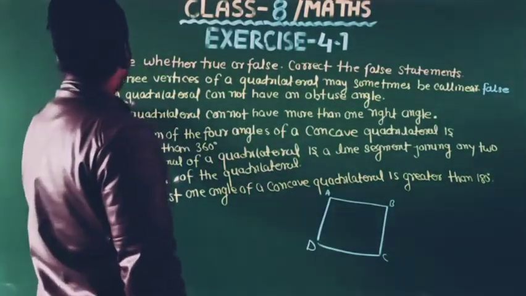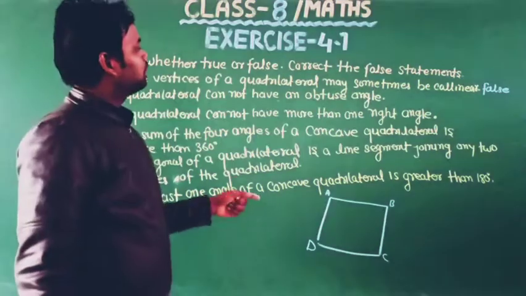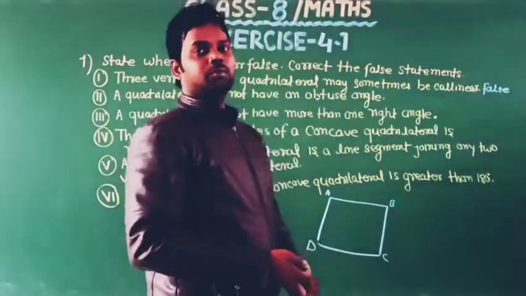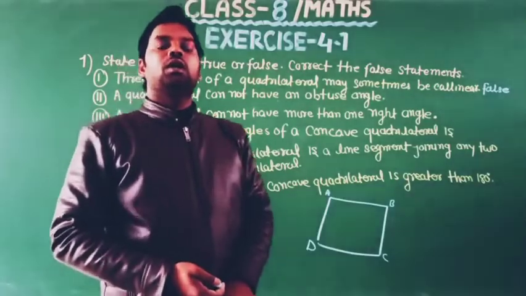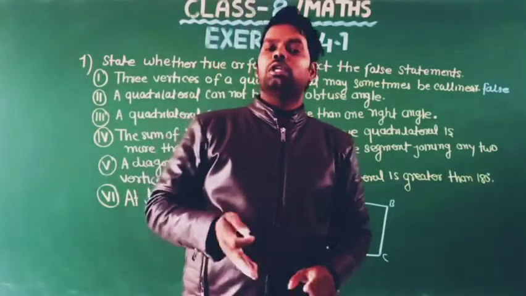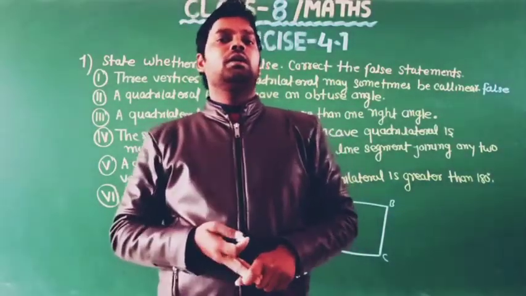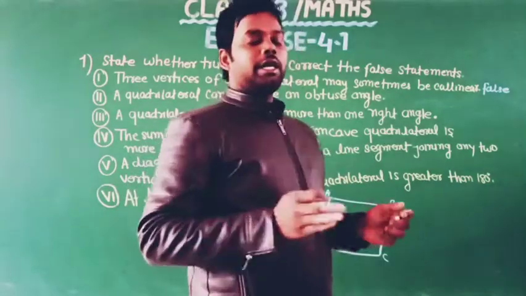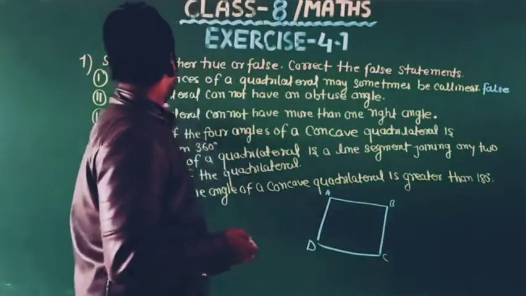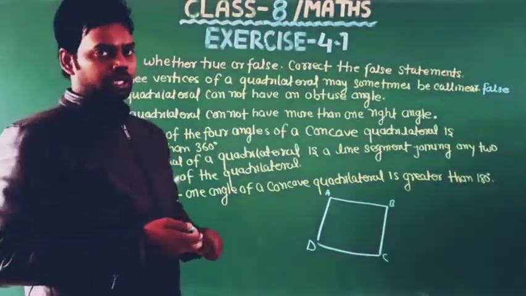It has been said a quadrilateral cannot have an obtuse angle. As we know, an angle more than 90 and less than 180 is called an obtuse angle.